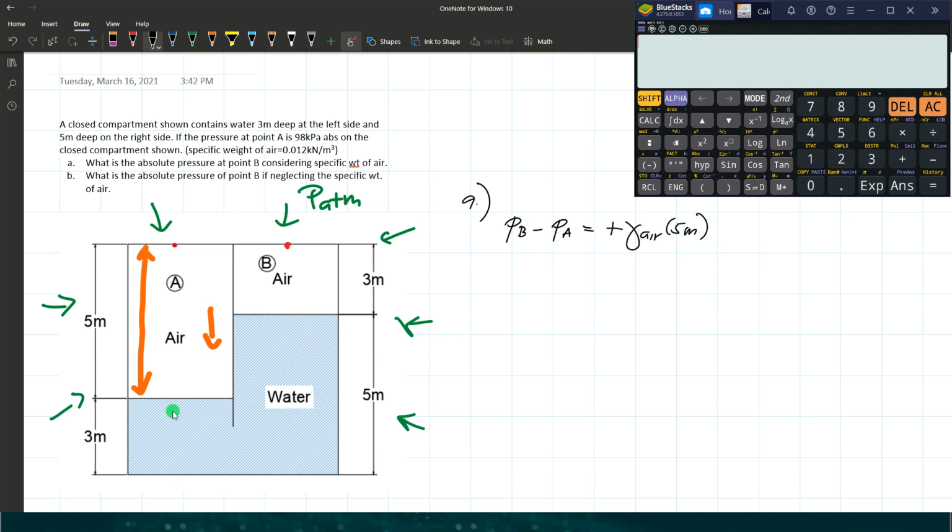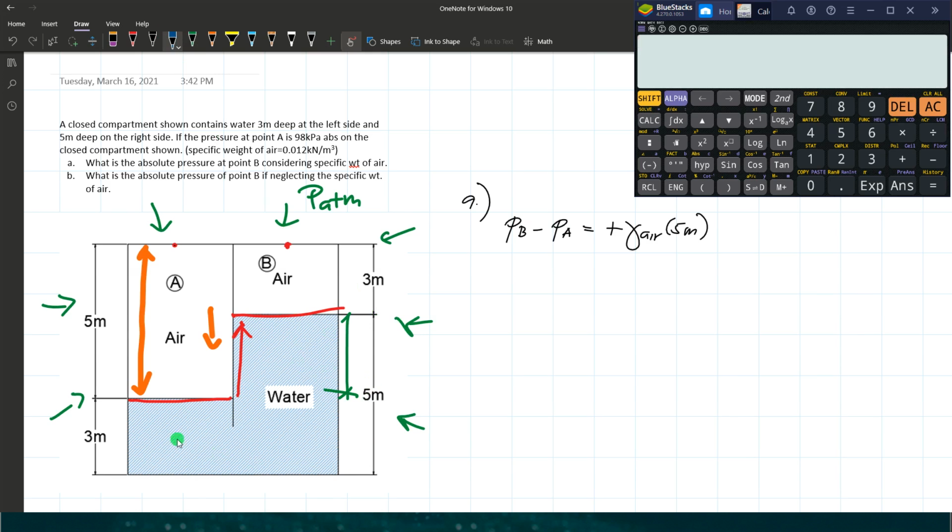Next we have the fluid that is water. If we start here and end there, it is going upward, since our direction is from point A going to point B. What is the vertical distance between the surfaces of water on the left and right side?